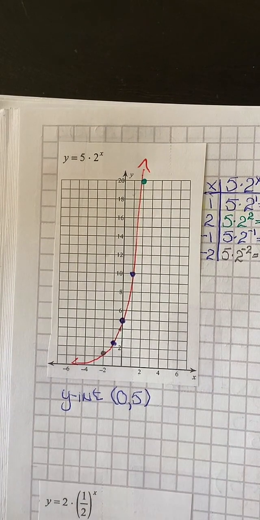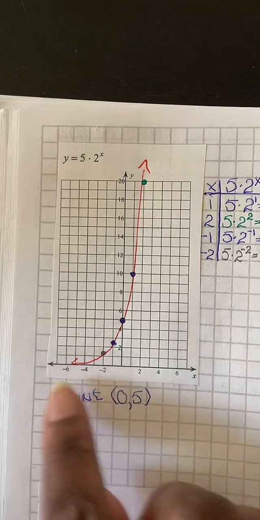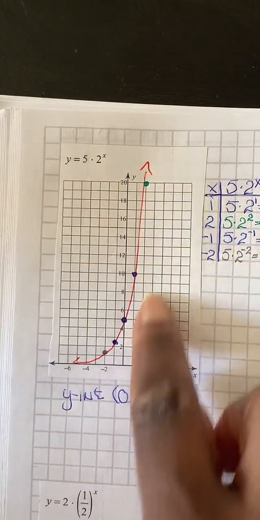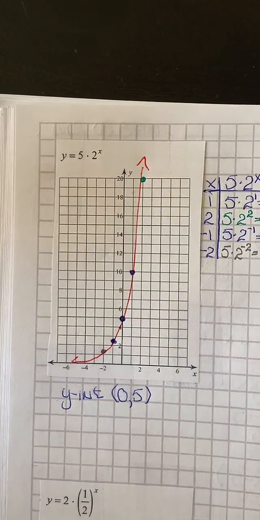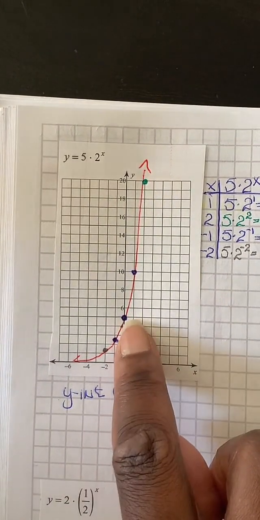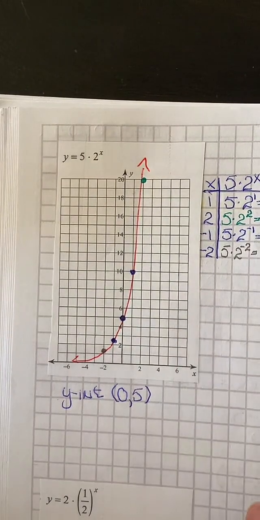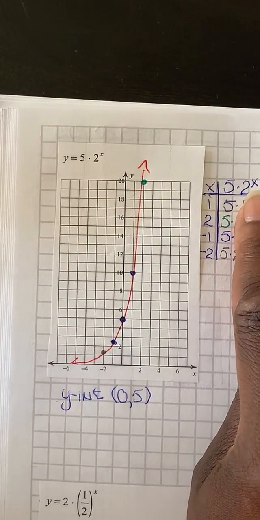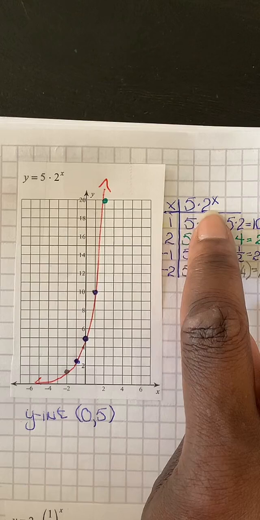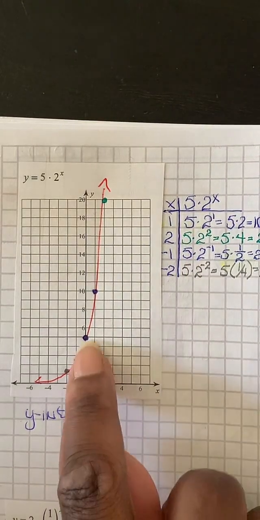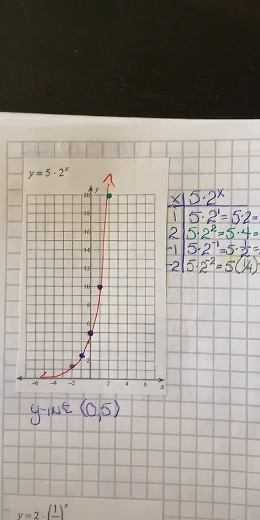Negative 1 and 2.5. All right, so this is how we're getting our exponential. Since we know our y-intercept is at 0.5, we can calculate it if you want. Anything raised to the 0 power is going to be 1. So 5 times 1 will give us 5, which gives us our 0.5.